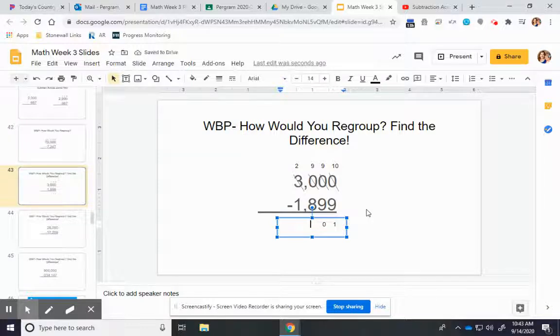And then we have 9 minus 8, which is 1. And lastly, we have 2 minus 1, which is 1. So you should have gotten an answer of 1,101.